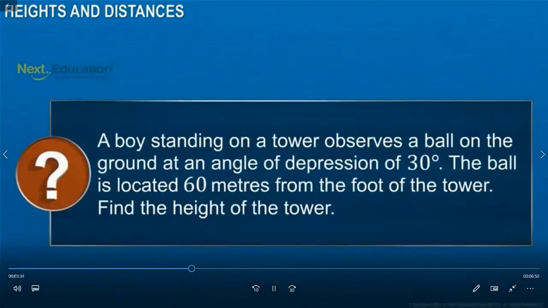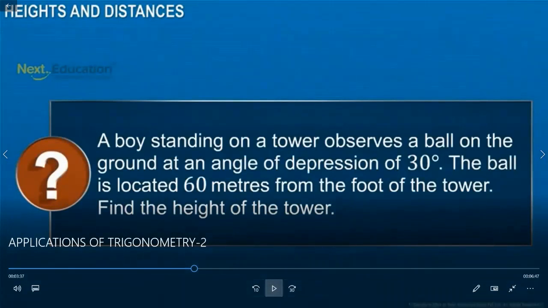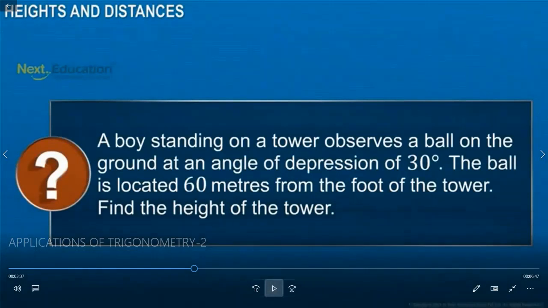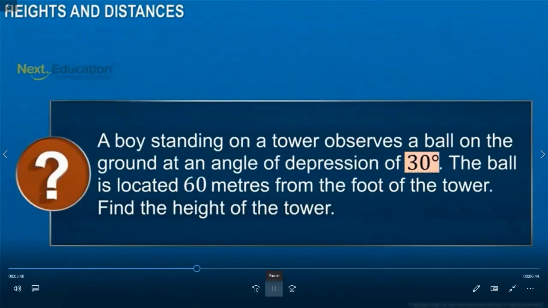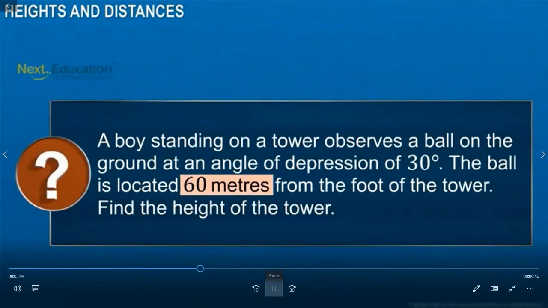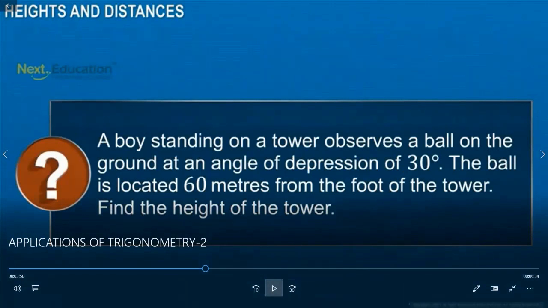Let's look at another example. A boy standing on a tower observes a ball on the ground at an angle of depression of 30 degrees. The ball is located 60 meters from the foot of the tower. Let's find the height of the tower.